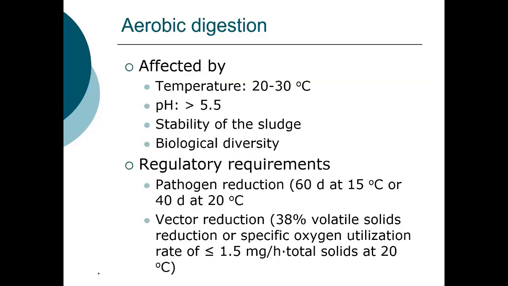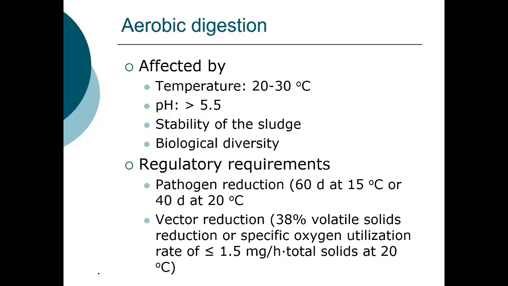So as I mentioned, it's very much temperature sensitive. Ideal temperatures are between 20 and 30 degrees. We want the temperature above 5.5. Less than that, that inhibits the microorganisms. It's affected by the stability of the sludge, so basically how effective these reactions are, and the biological diversity, what organisms we have present.